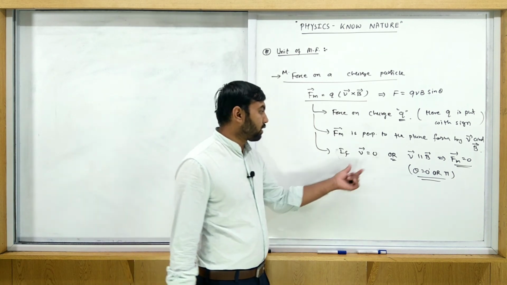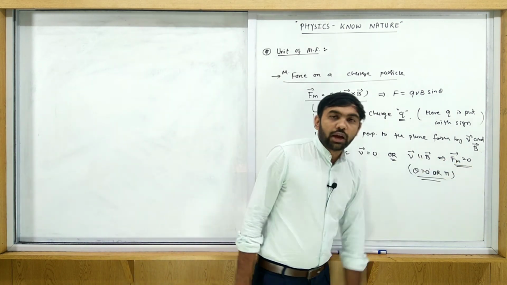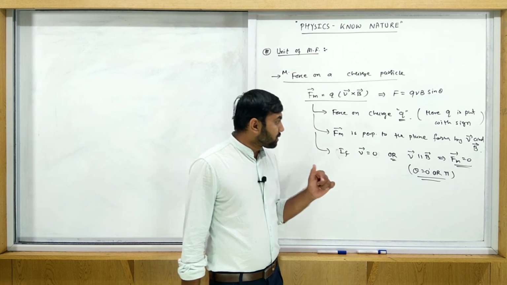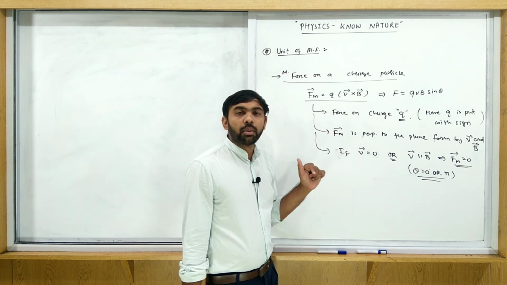That is the symbol. If V is equal to 0 or V is parallel to B, then Fm is equal to 0. These are some simple notes which we have to write for the magnetic force.